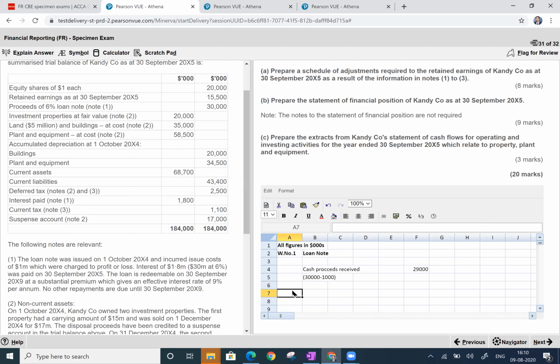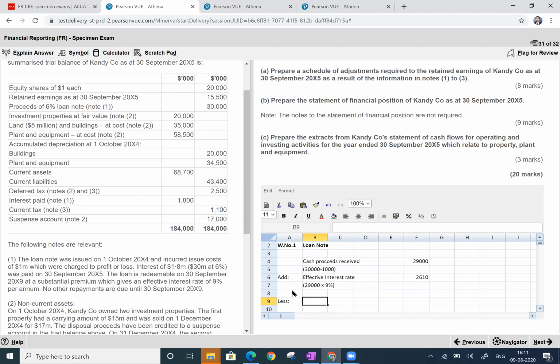So what will we do? Add the effective interest: this 29,000 multiplied by 9%. You have to check whether it is for a full year. Yes, it is, because it was issued at the beginning of the year.